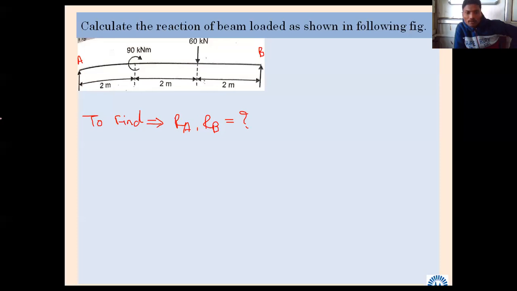There will be only 2 reactions. Don't tell anyone the answer before I ask. Nobody should tell the answer until I ask. I will give just 5 minutes. Only one force, one moment, nothing else. Simplest problem.